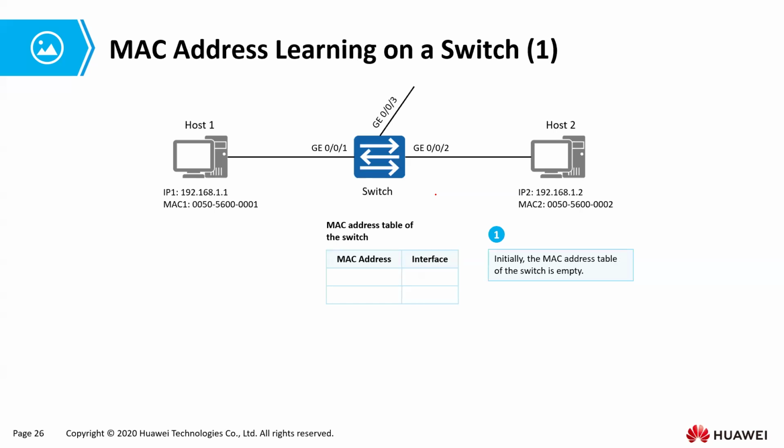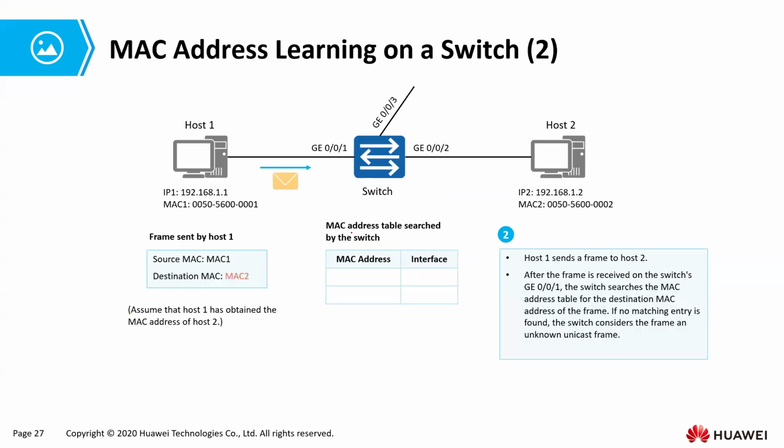Then MAC address learning on a switch. Initially, the MAC address table of the switch is empty. I think we've covered this part. Then through the learning process, that's how we get entries in the MAC address table. Let me see, learning on a switch.